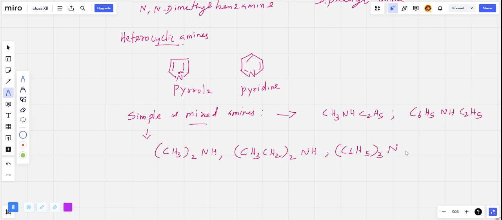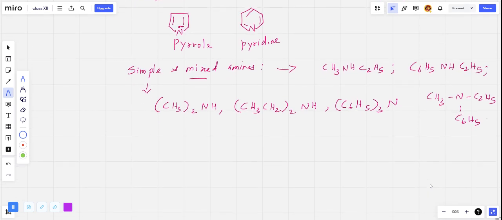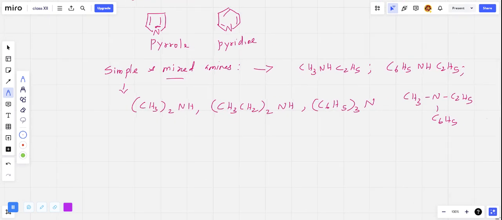Or it may be different like CH3, C2H5, then C6H5. So this is all mixed, because not all the alkyl groups are the same. So that is a mixed amine, and this is simple amines. Understood? That's the classification.